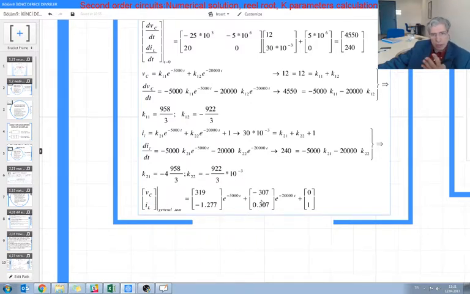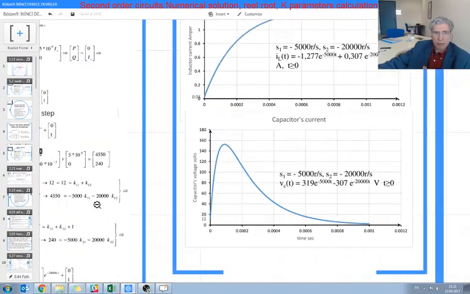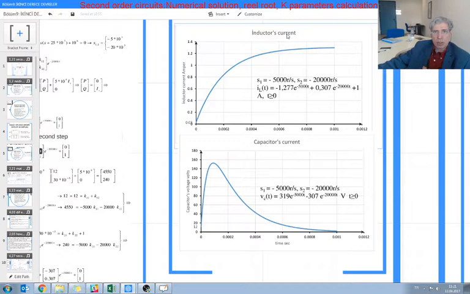So let's examine the general solution graphs. This is the inductor general solution, this is the capacitor general solution. This general solution has got two parts: one of them the homogeneous part, the other one is the particular solution.